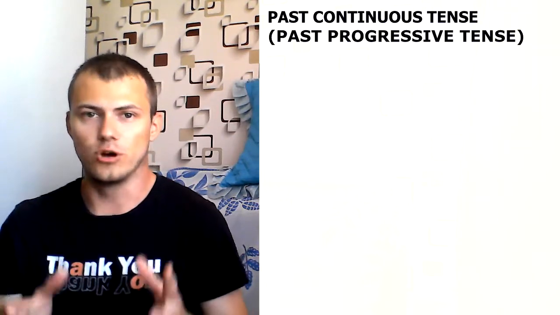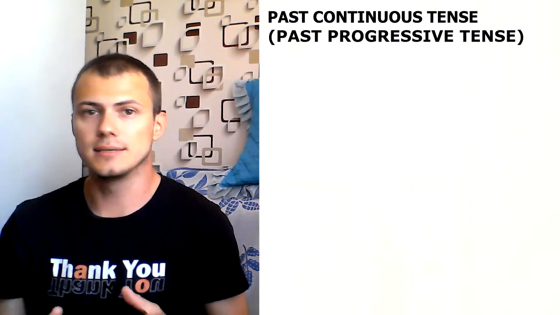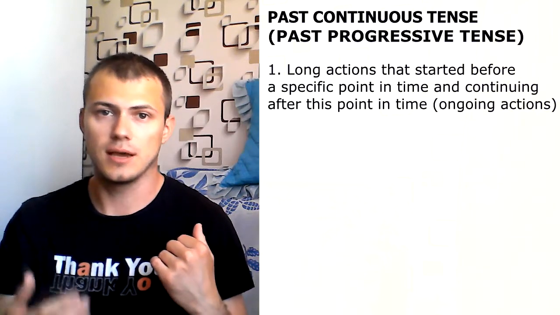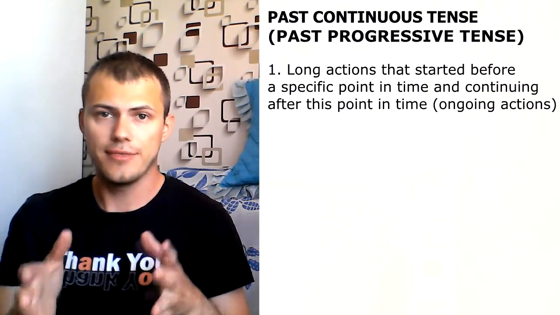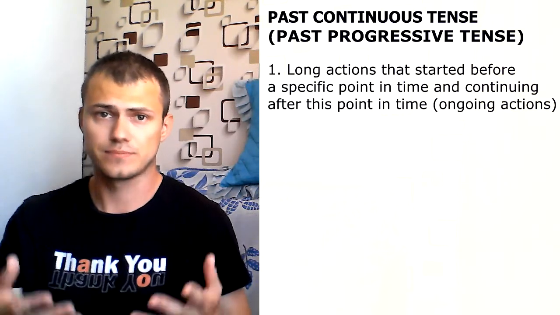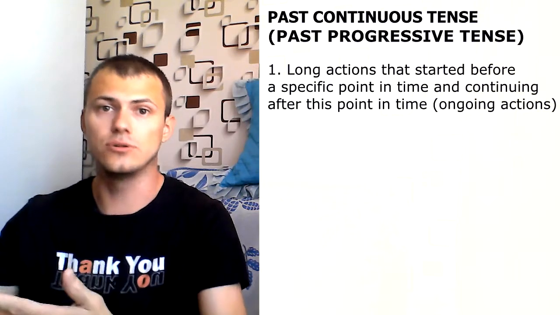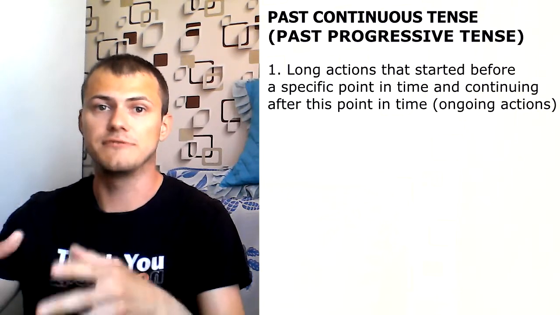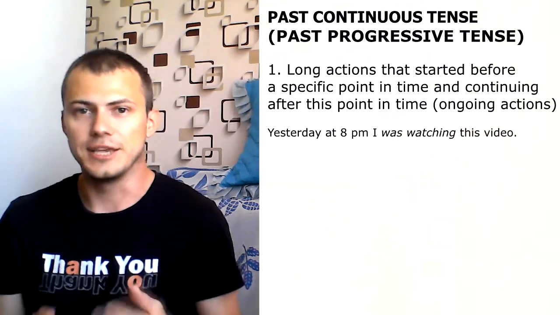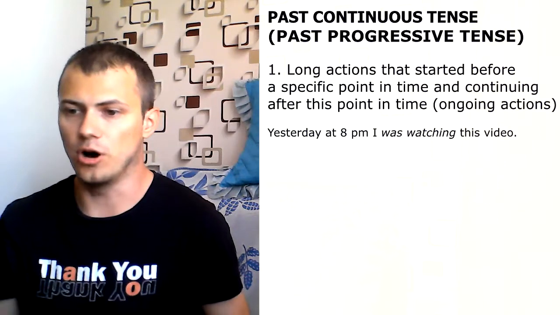The first usage of the past continuous tense is when we talk about long actions, about ongoing actions that started before a specific point in time and continued after this specific time. So, for example, yesterday at 8 p.m. I was watching this video.